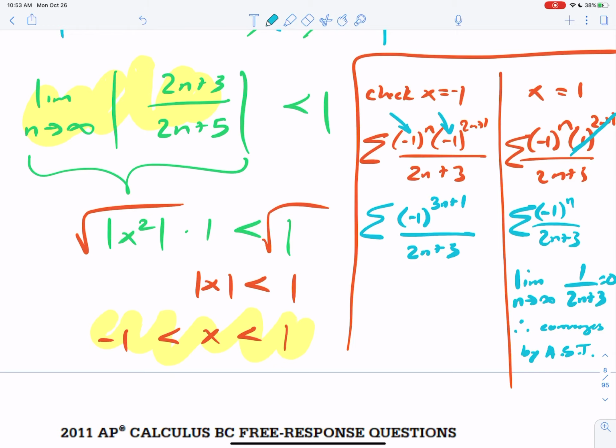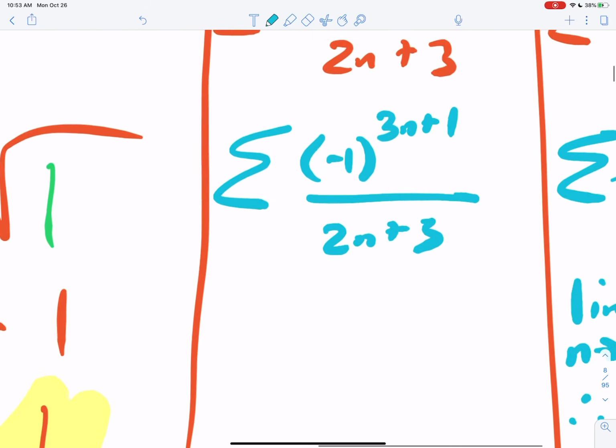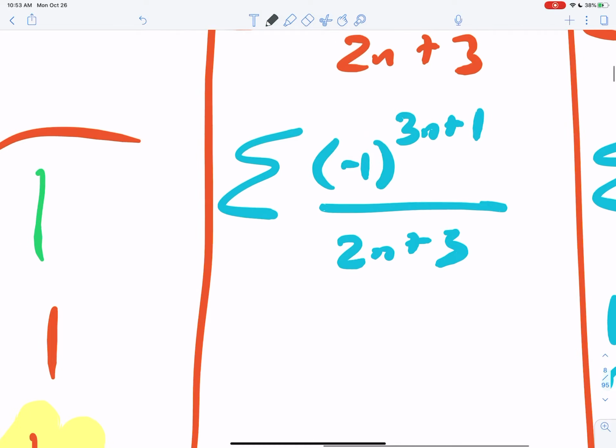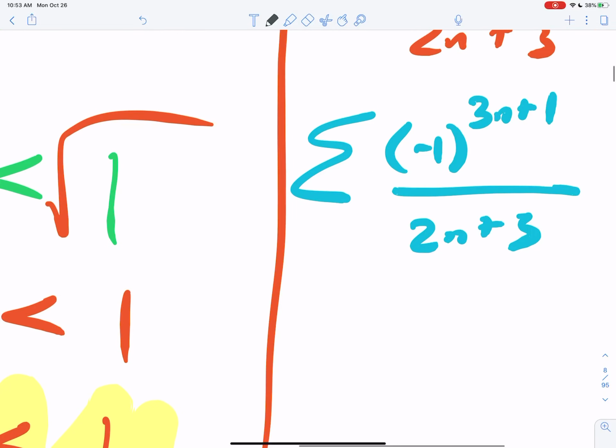So you just quickly check it. If, let's say, n was 0, just sidebar here, you would have -1 to the first power all over 3. So we know it's going to come out negative. So I'll write a little negative there.